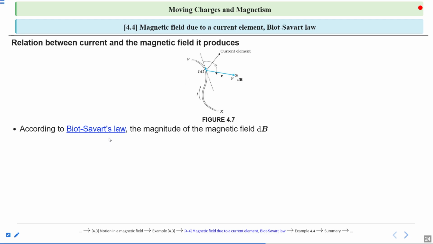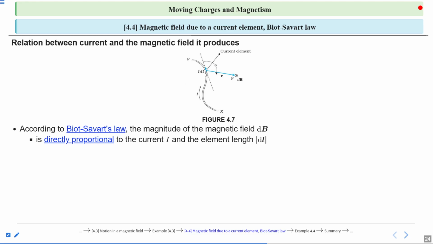Now according to Biot-Savart's law, the magnitude of magnetic field dB at this point P is directly proportional to current I. So this magnetic field dB is directly proportional to the current flowing through the conductor. If current is more, dB will be more. It is also directly proportional to element dl. If we take a large element dl, the magnetic field will be large.